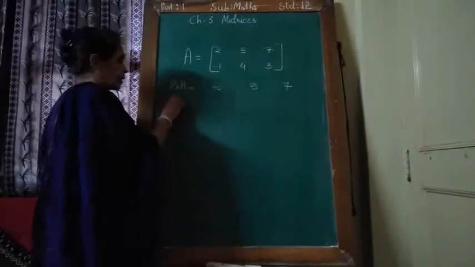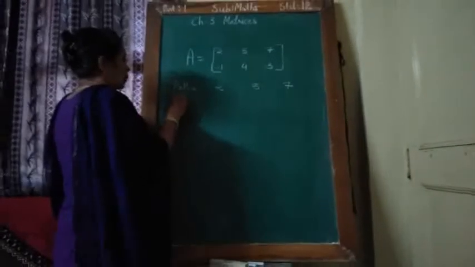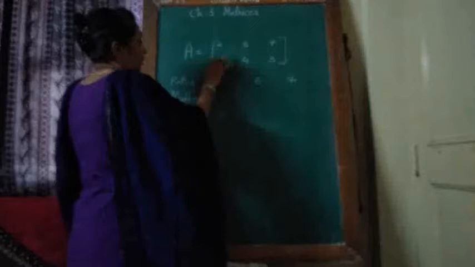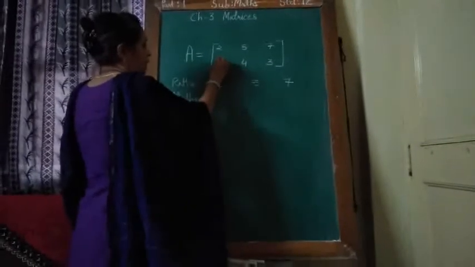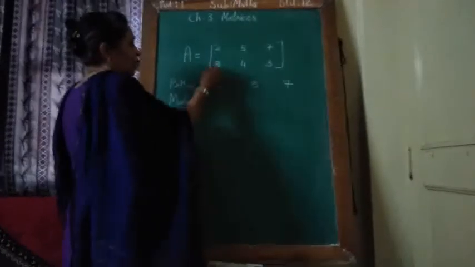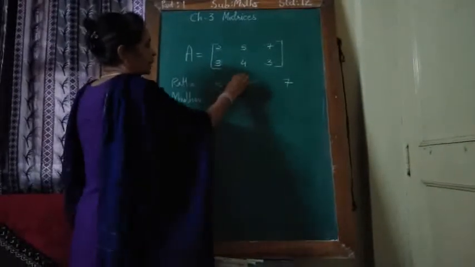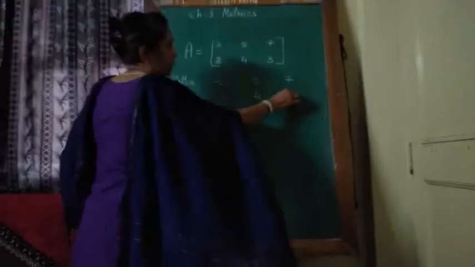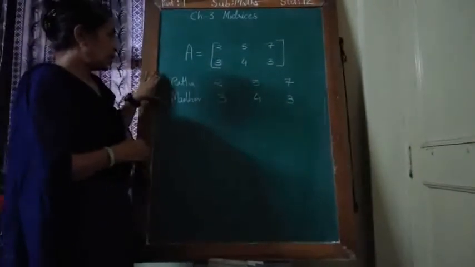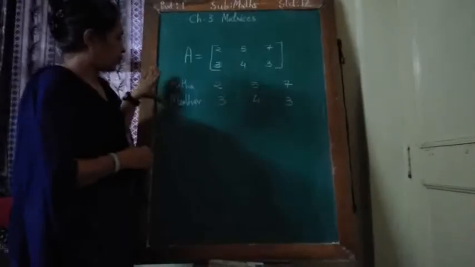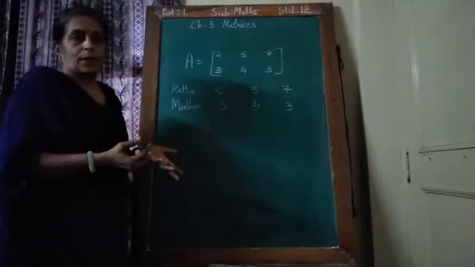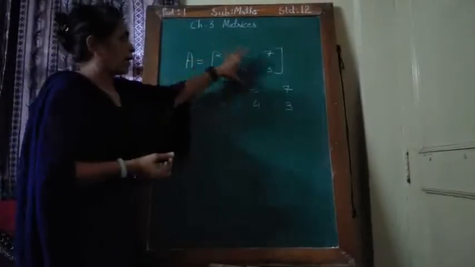And suppose for a second person, Madhav, I write not a negative number, because a negative number is not possible for pencils. So I write: Madhav has 3 pencils, 4 ball pens and 3 rubbers. If you write this information in this form, it is very easy to represent in square bracket form.